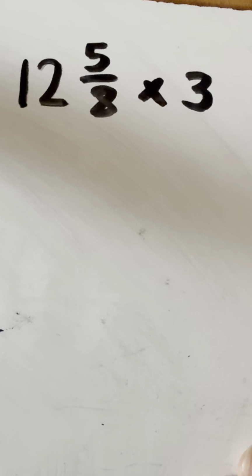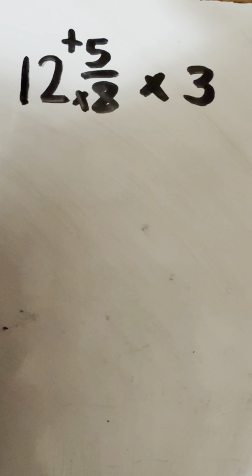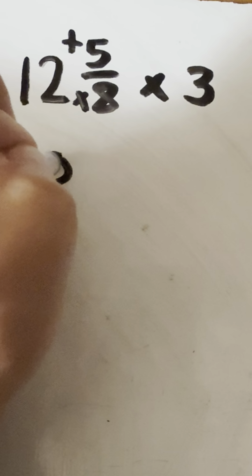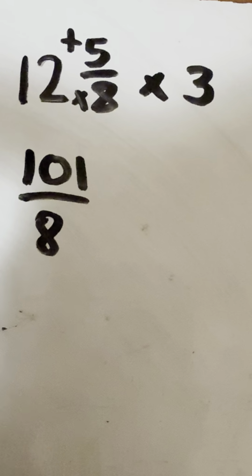So the first thing I'm going to do is change this mixed number to an improper fraction. You're going to take the numerator, add that to the product of the whole number and the denominator. So 12 times 8, you're going to do first. And when you do that, you're going to get 96. Plus that 5, and you're going to get 101 over 8. And again, anything that is an improper fraction is always over the number that you started with in the denominator.